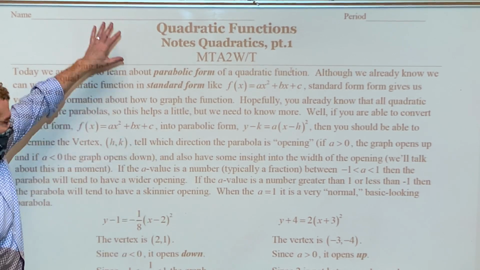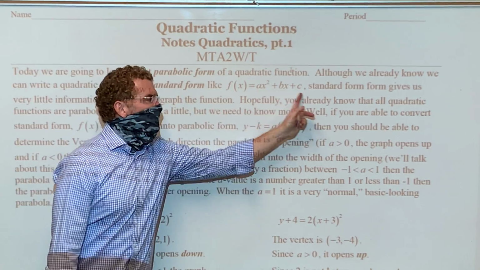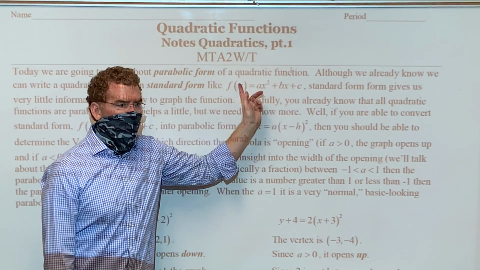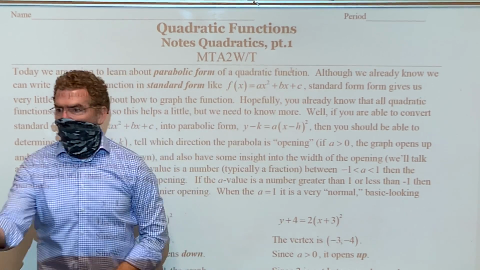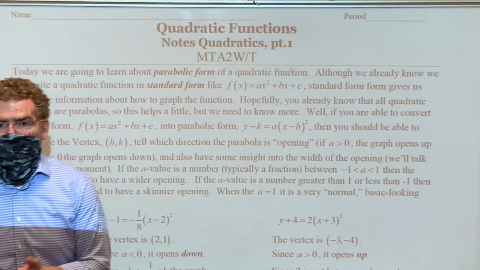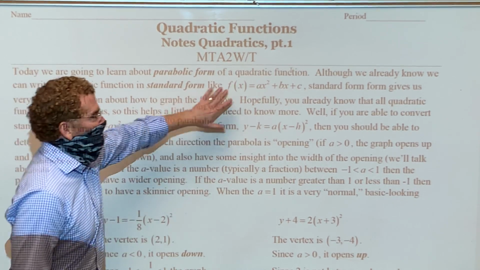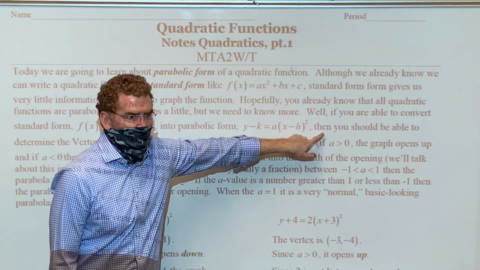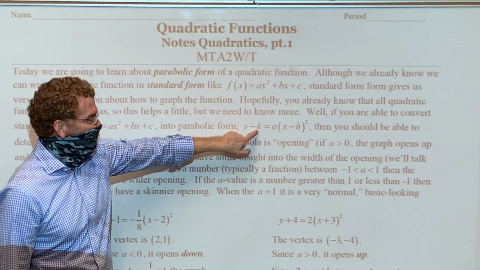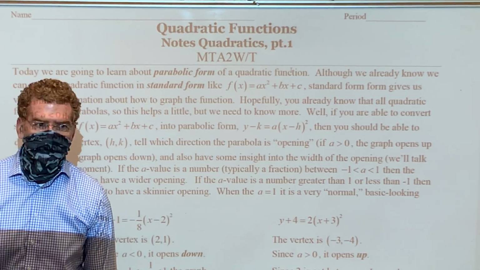Okay? So, I put a lot of notes up here, but bottom line is, when you're given a quadratic function, something in ax squared plus bx plus c form, there's not a whole lot about that that's going to help you graph it, unless you just want to plug in x's and get y's and plot points. But if I can magically change a function to this form right here, y minus k equals a times x minus h squared, then I have two very valuable pieces of information.